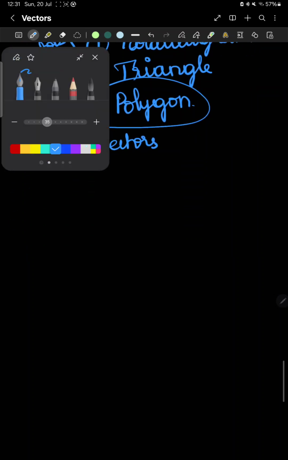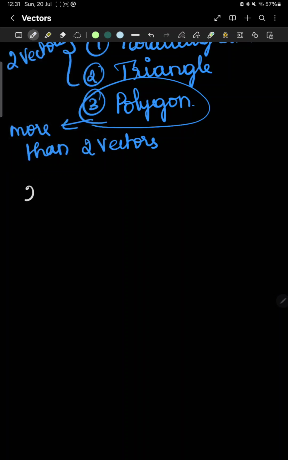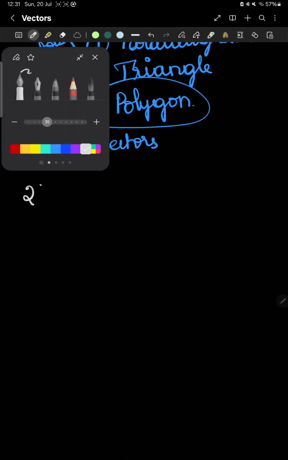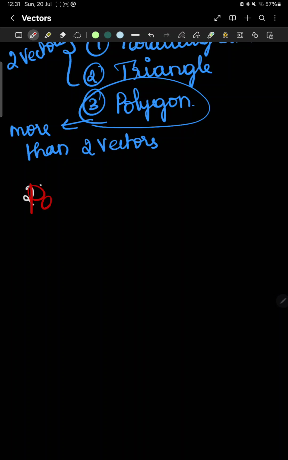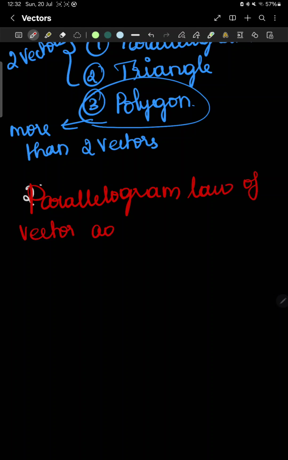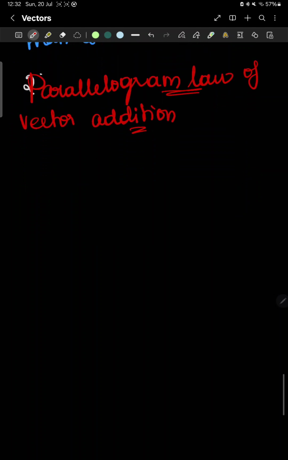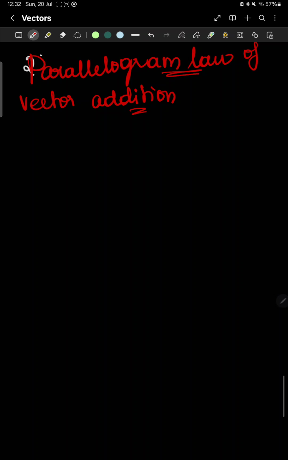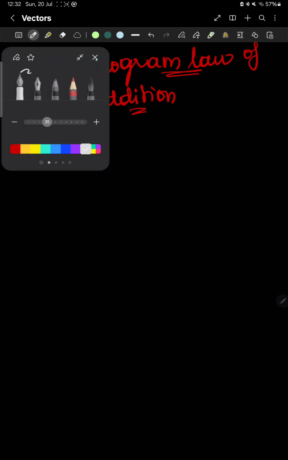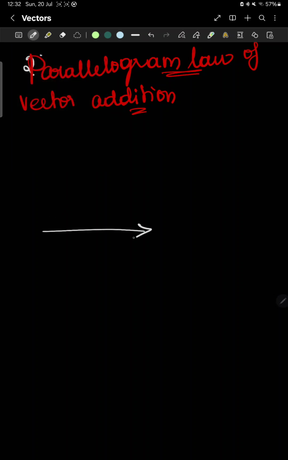The parallelogram law of vector addition states that if I have two vectors acting simultaneously on an object, we make those two vectors the adjacent sides of a parallelogram and complete the shape.